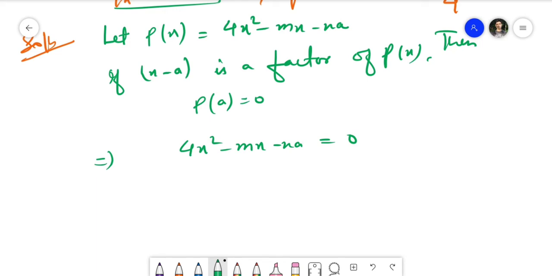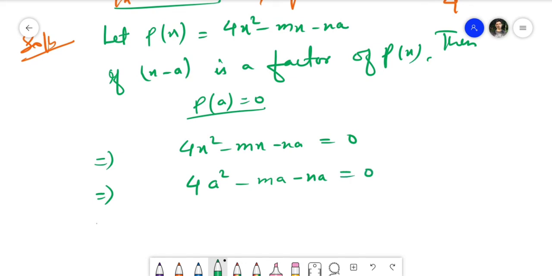We have not put that one, so we'll just put, because we suppose this one. So instead of that one, we'll do 4a squared minus ma minus na is equal to 0.